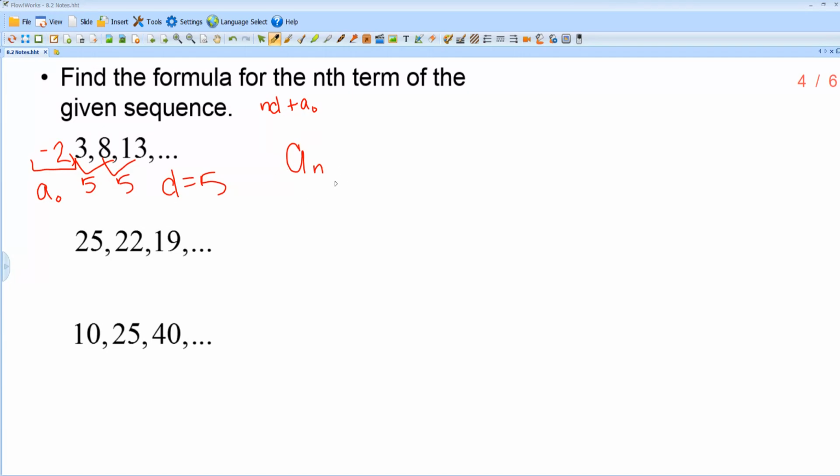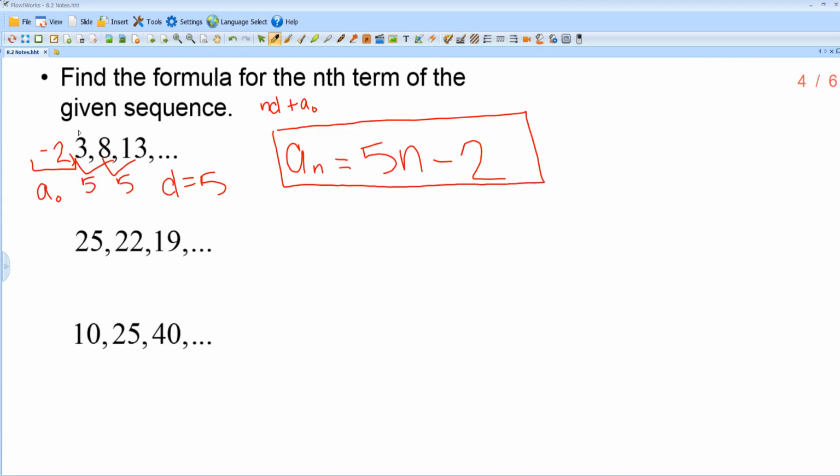Okay, so we have a sub n equal to n times d. Well, d is 5. n is a variable, so we just put in n because we want to write a formula for the nth term, plus the previous term, the 0th term, if you will, which is negative 2. So minus 2. That's it.